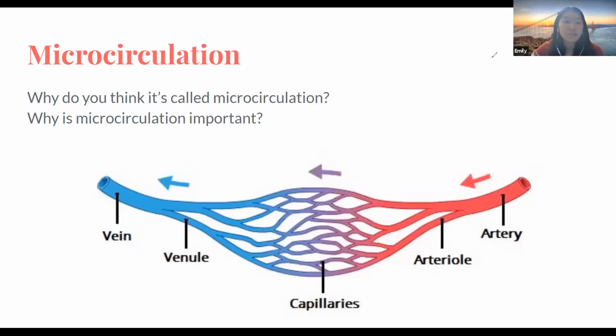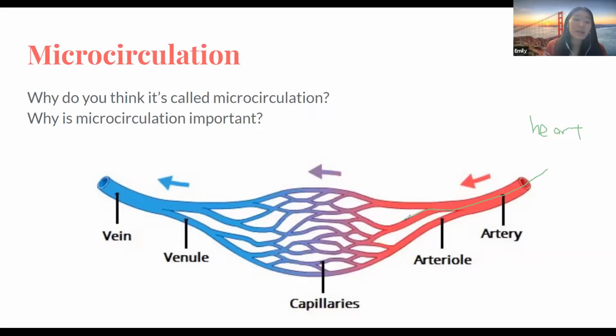So as blood is traveling throughout our body, the blood vessels are going to change in their properties and size. So for arteries, remember as we're leaving the heart, we're going out in arteries. And these arteries are pretty large, so they're not going to be able to go everywhere in your body.